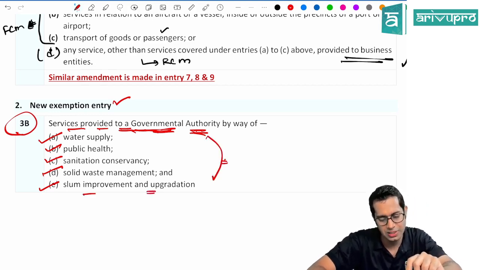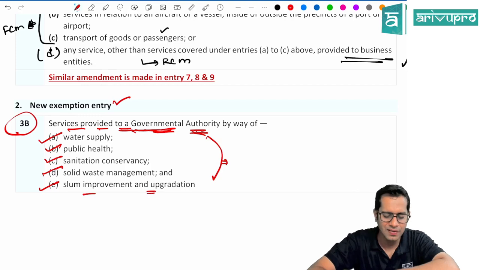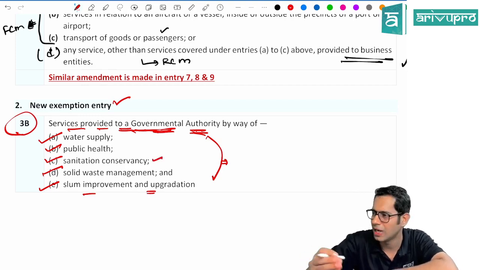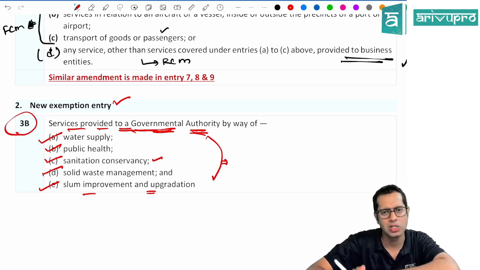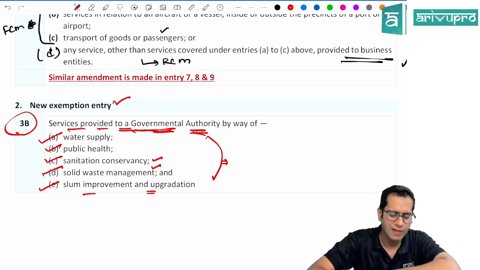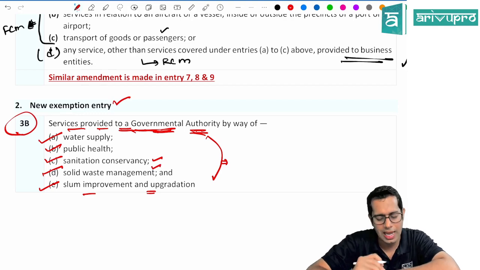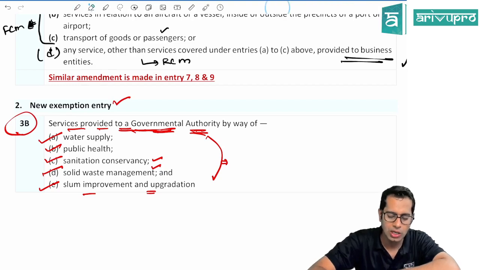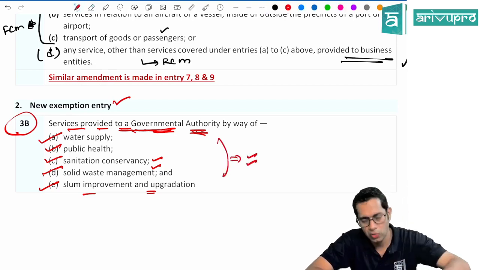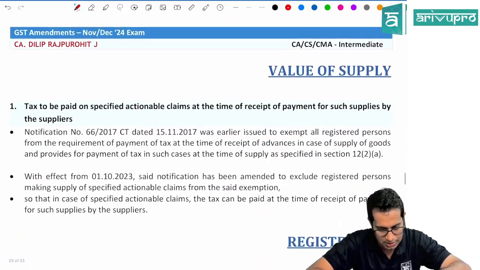Say for example, I have a sanitization company with solid waste management services, and I give these services to a governmental authority. So my services will be exempt. I don't have to collect any GST on my services.